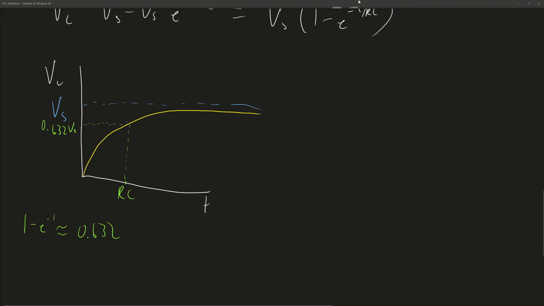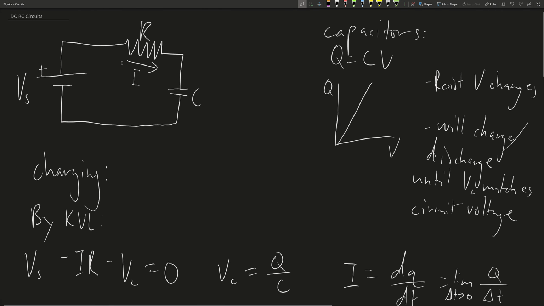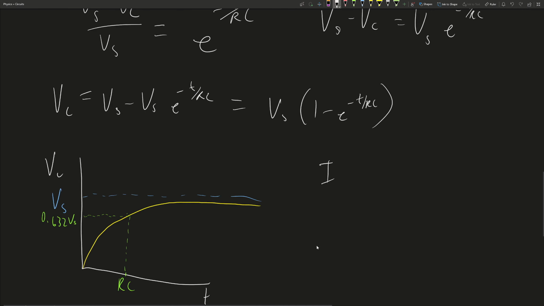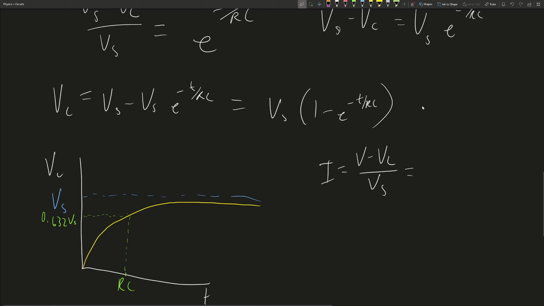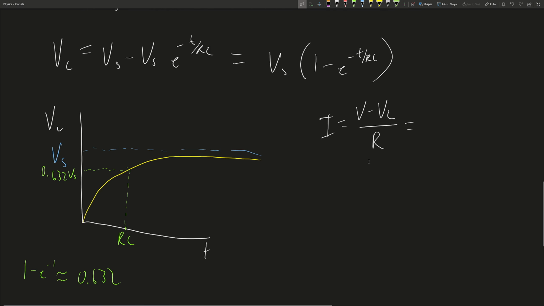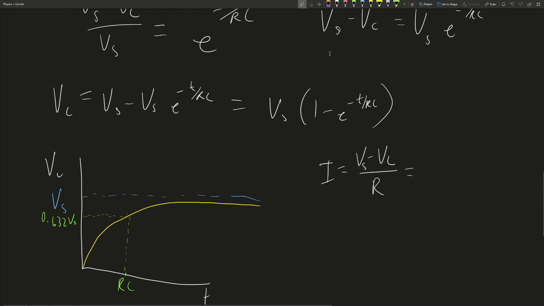So if we look at the current for this circuit, the current is equal to the current across the resistor, since it is a series circuit, and the resistor current is just equal to V minus Vc over R. And V minus Vc over R is just equal to Vs minus Vc over R.